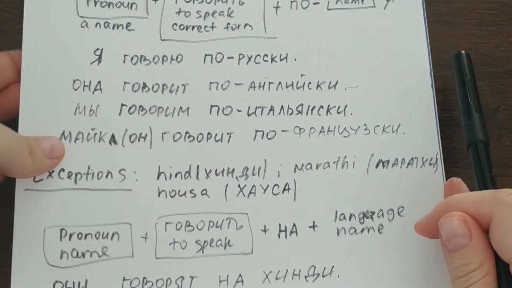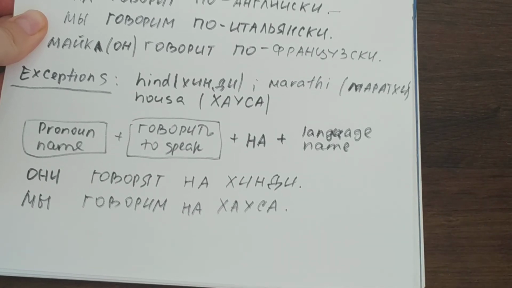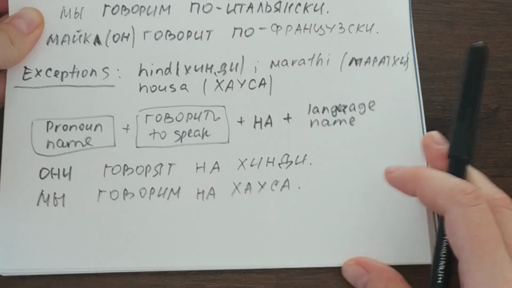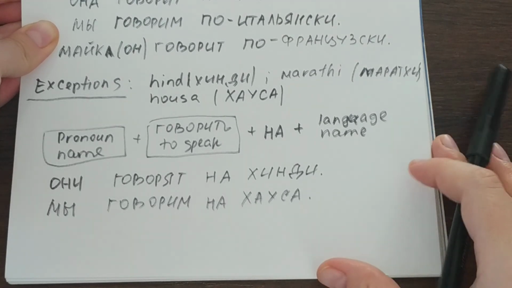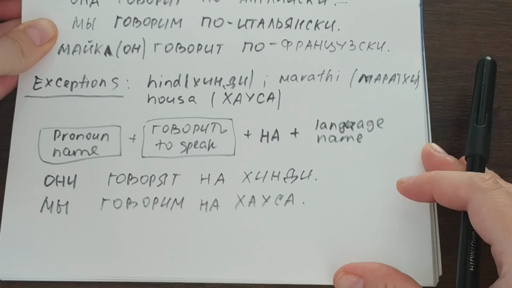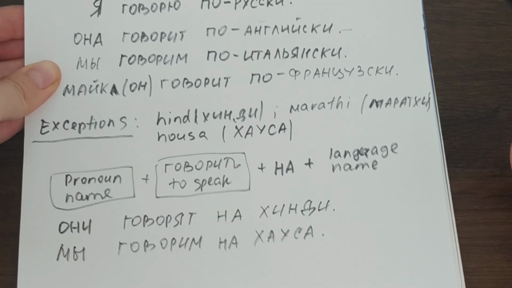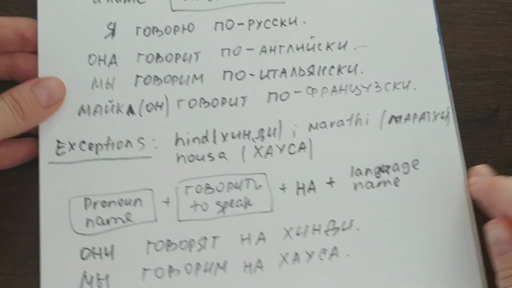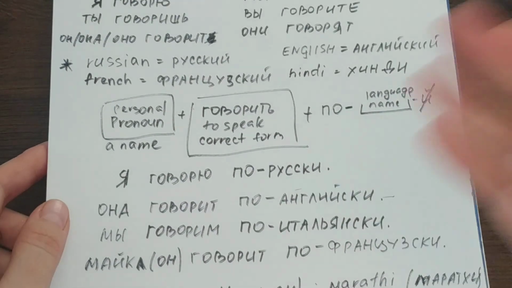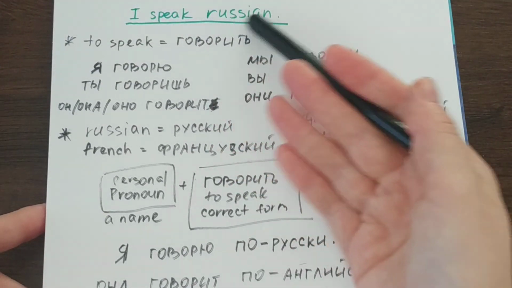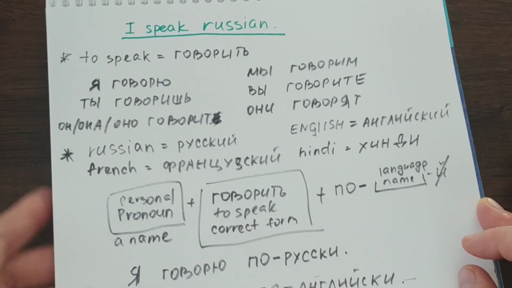Languages like this are not that many in the world, and I only spoke about the popular ones. Of course, there are many languages in the world, and I can't tell about all of them, but basically this rule will help you to build these types of sentences when talking about any foreign language.